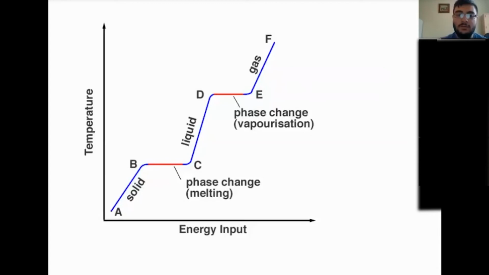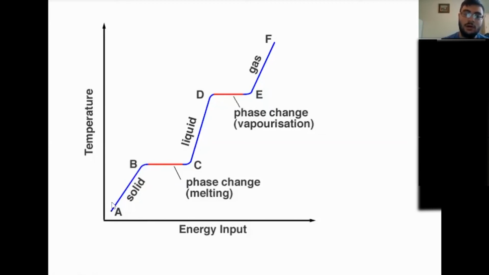So I want to talk about this diagram, and this is an important diagram that you may see sometimes, or that you may use. For example, let's say you start off with a solid. We'll use water, for example. You start off with solid ice. On the x-axis is energy input, which is Q, heat. On the y-axis is the temperature, right?